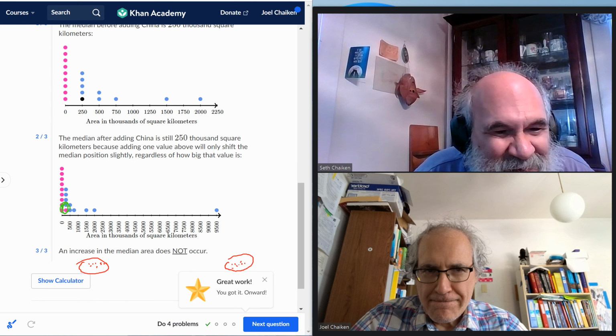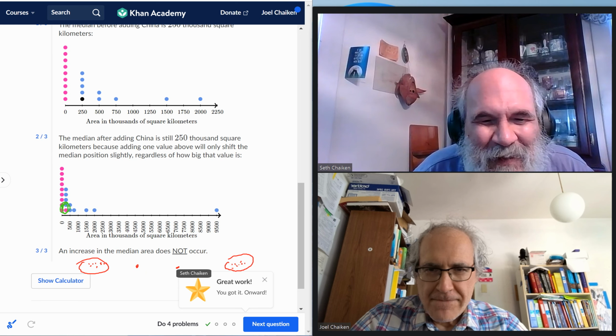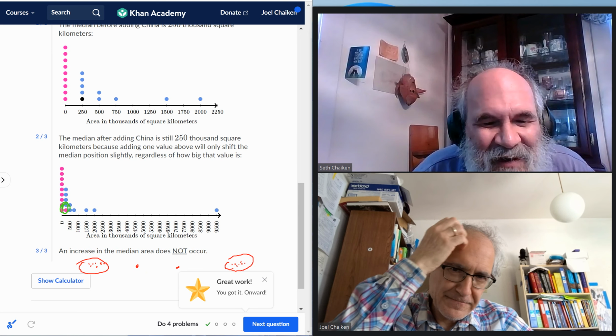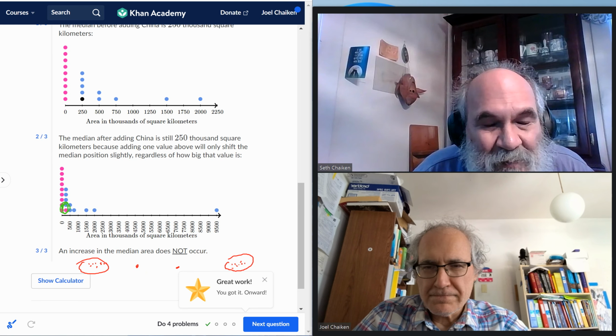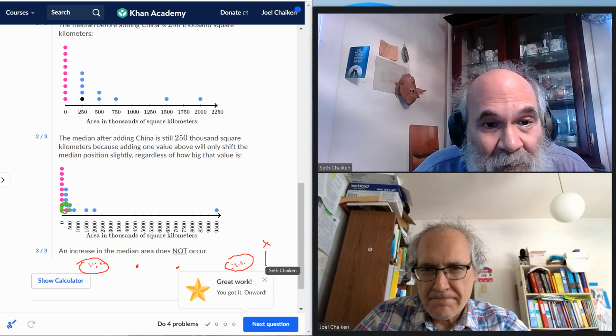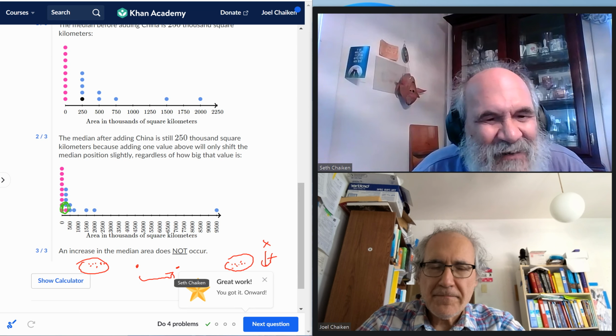And then you have one point here and one point here. Adding a big point here might shift the median a lot. You're right on the border.